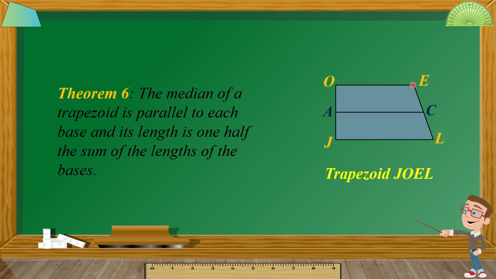Ito sa base na OE at JL. Parallel siya. And then, yung length daw niya ay kalahati nung sum ng mga lengths ng mga bases. So, ibig sabihin yan, yung length ni OE plus yung length ni JL, tapos i-divide natin ng 2. Then, yun yung magiging haba ng median AC natin. So, yun yung gusto sabihin dito sa theorem number 6.